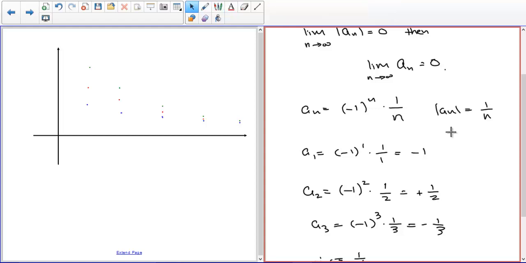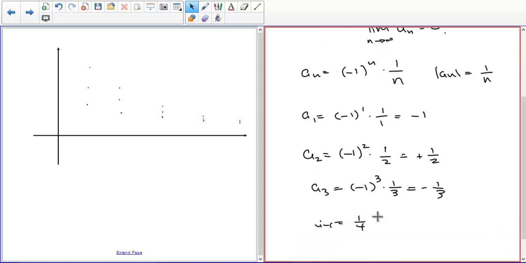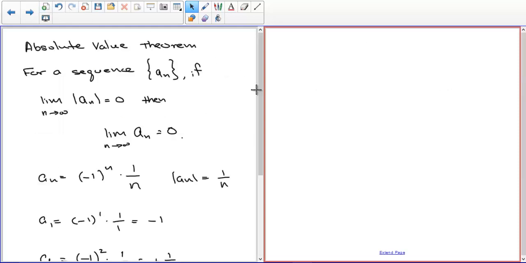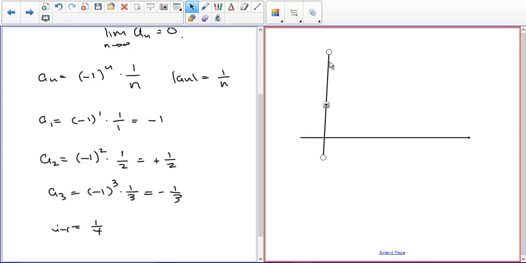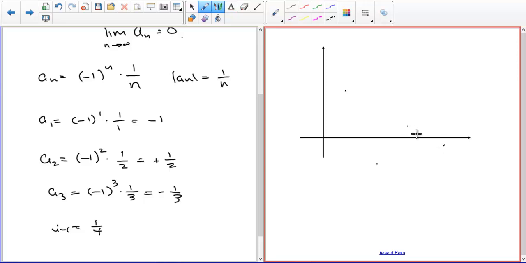And what this theorem says is that if the limit of this equals 0, then the limit of that equals 0, which is pretty obvious. In this case, if we were to plot that sequence, it would look something like this. We'd start off with the first point being 1, the next one negative 1/2, then positive 1/3, negative 1/4, and it bounces around, and it's still going to approach 0.